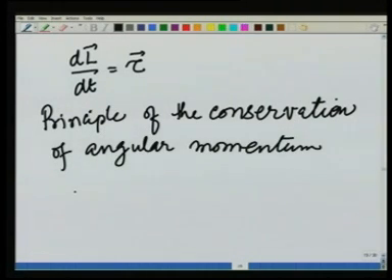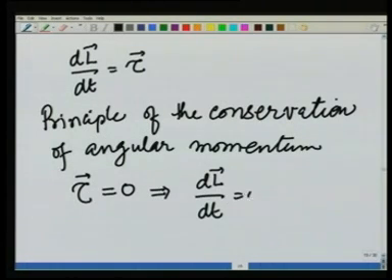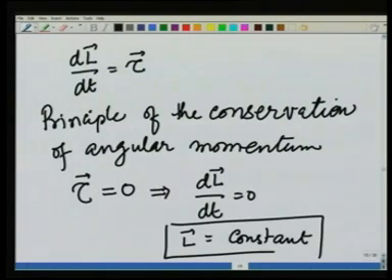And that tells you if tau is 0, this means dL/dt is 0, or L is a constant. You are already familiar with the use of this condition in maybe your lectures in 12th grade.